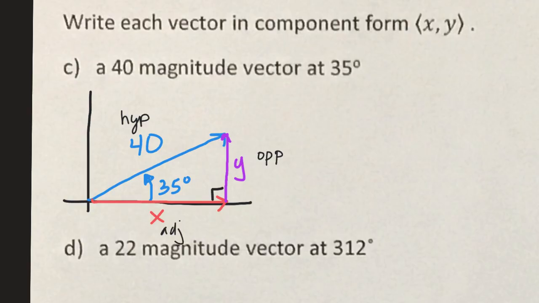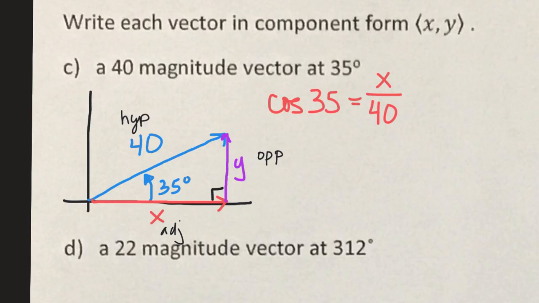So let's find x first, since it comes first in your component form. So if x is the adjacent side and we know the hypotenuse, that means we can set up a cosine ratio. The cosine of 35 is a comparison of the adjacent side, which is x, to the hypotenuse, which is 40.